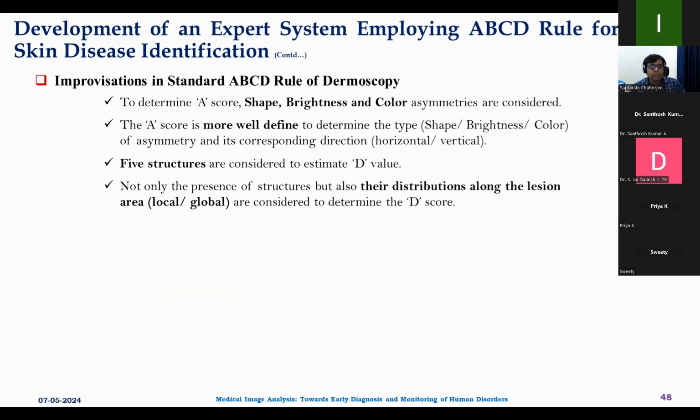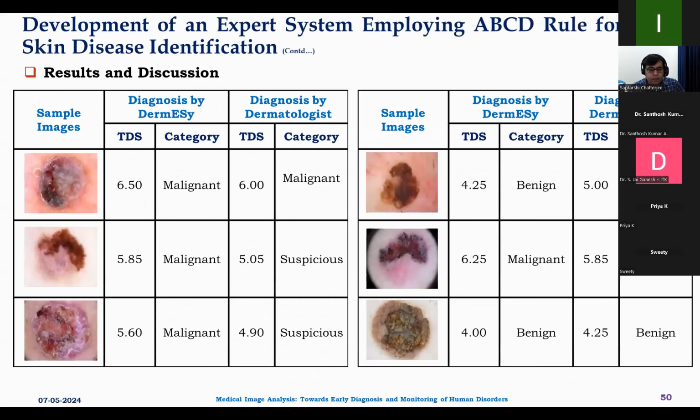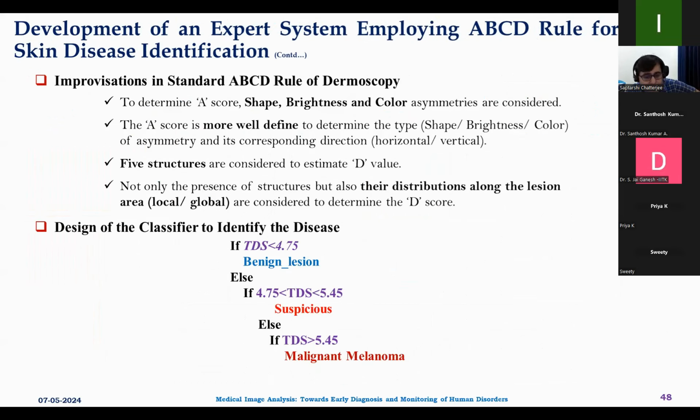So after determining these A, B, C and D parameters, we need to determine the total dermoscopic score. If the total dermoscopic score is less than 4.75, then it will be considered a benign lesion. If it is between 4.75 and 5.45, it is suspicious.